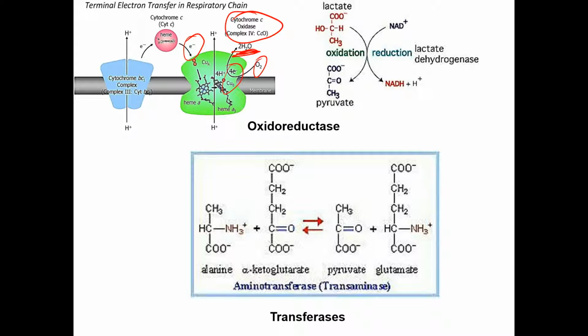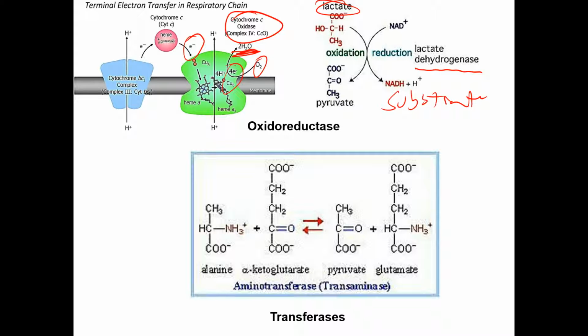Now, here on the right, you're looking at another type of enzyme, a dehydrogenase enzyme. As the name implies, dehydrogenase, you're removing a hydrogen from a molecule. So here, lactate dehydrogenase. This is telling you two things. One, it's telling you the substrate. In this case, the substrate of your enzyme is lactate.